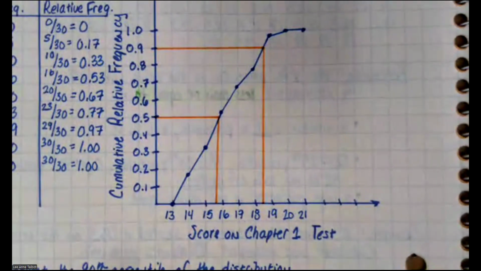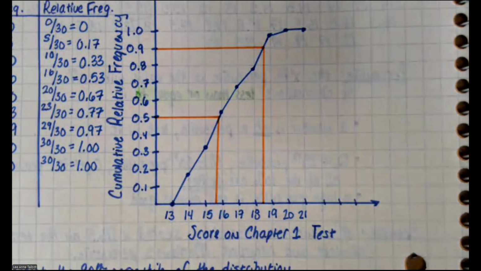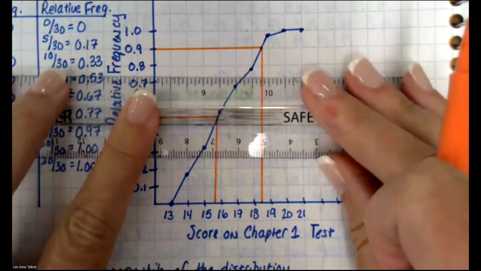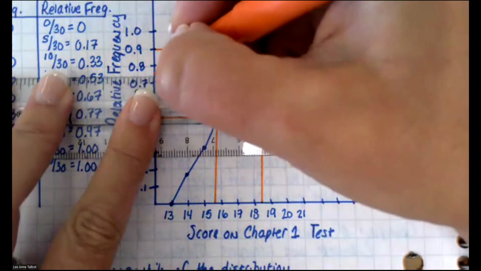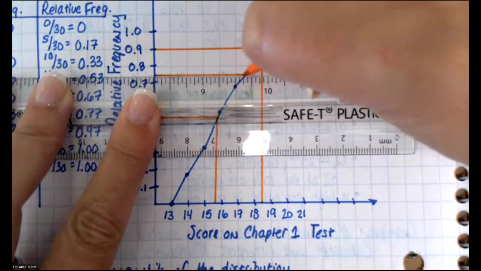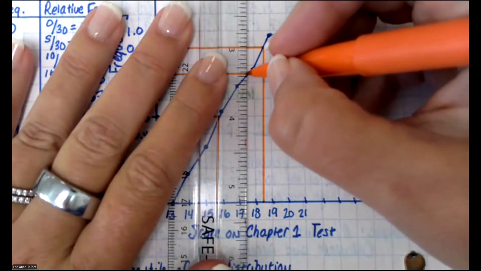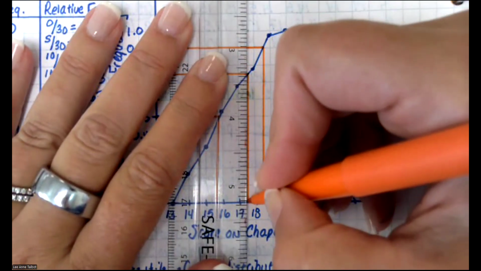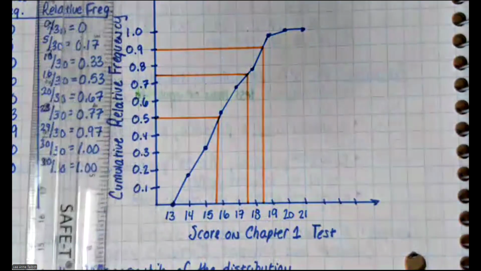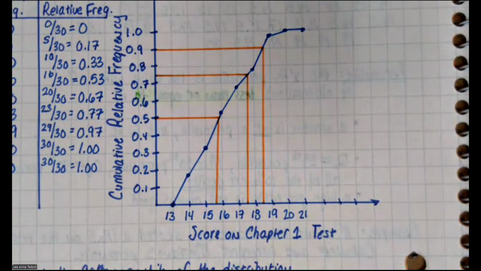Okay, so come up here, find the 75th-ish. What are your thoughts on that? Thinking 17.5?